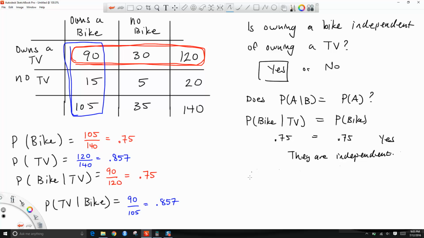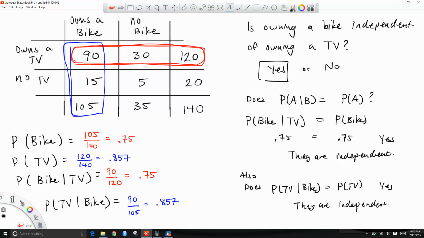Okay, alternatively, you could also check, does probability of TV given bike equal probability of TV? And if yes, then they are also independent. Okay, so we see 0.75 is equal to 0.75, so that means they're independent, or if 0.857 equals 0.857 down here, also independent.